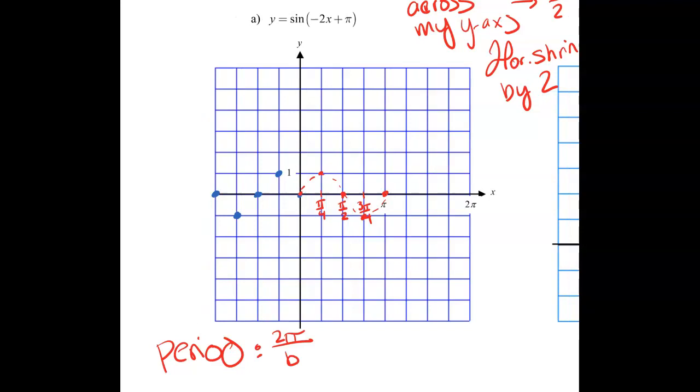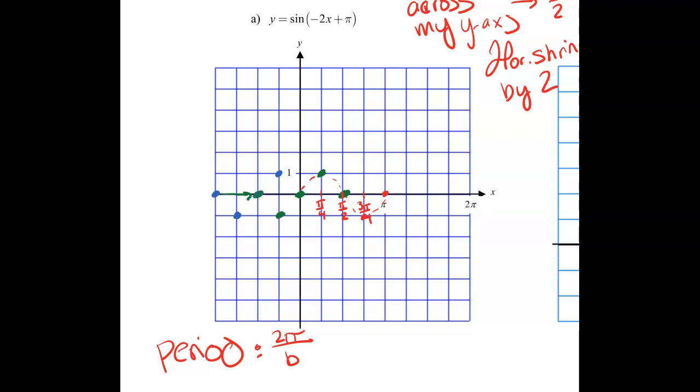Now it is. So, right pi halves, which is just going to be 2 units to the right. So this point is going to go 2 units over. This one's going to go 2 units over. This one, this one, and this one are each going to go 2 units over.